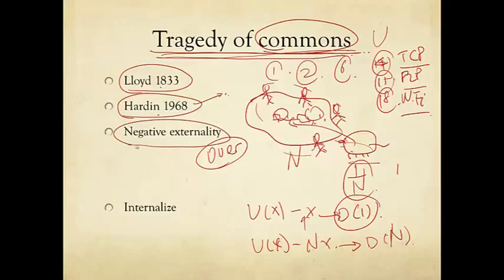This is another example illustrating what we call negative externality. Externality just means that your behavior and my behavior are coupled together in their impact. It's negative because you getting another cow is going to damage my prospects.